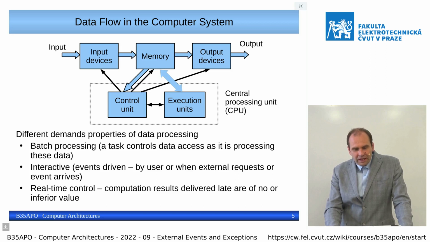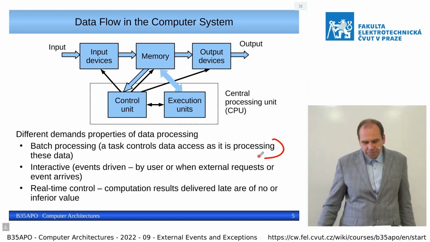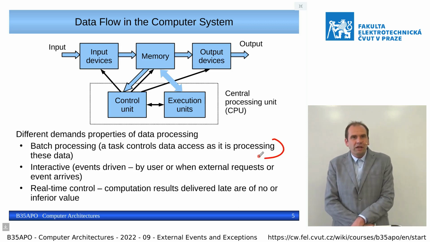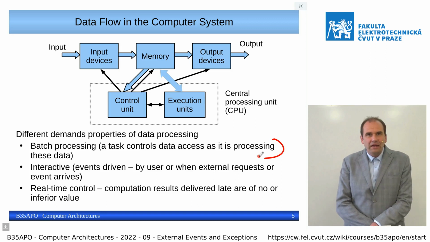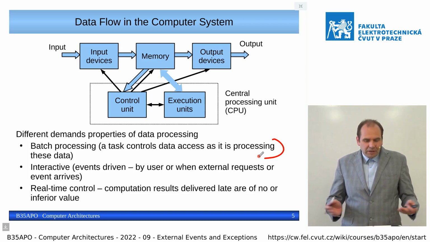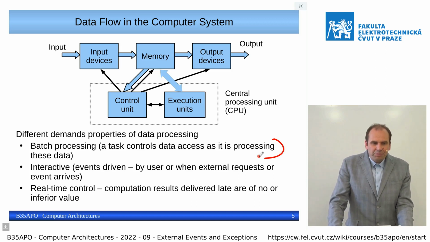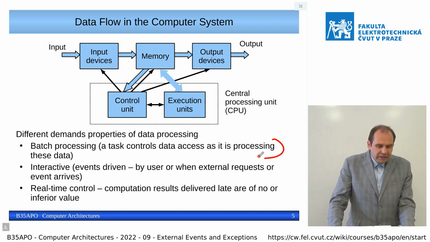If we look at the typical processing of the data, then it can be something like batch processing. For example, if your accountancy company gets data and it should provide a result, then it can be a batch process, and it is not important when it is processed, as long as it fits some deadline, for example a day.